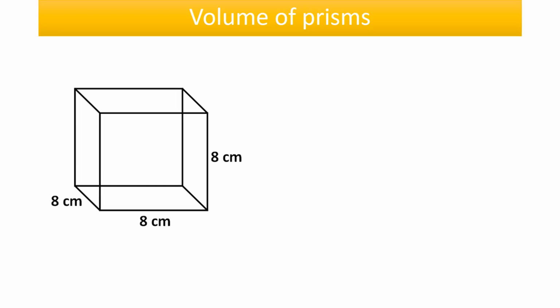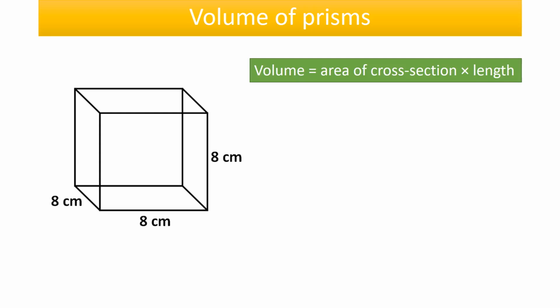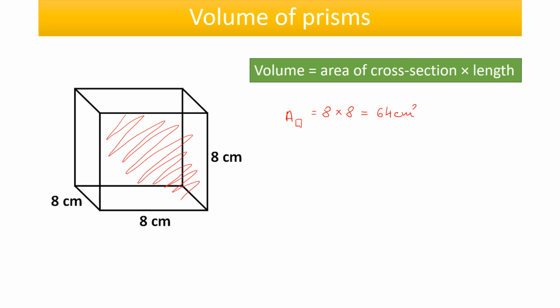We still need to use the same formula, so area of the cross-section times length, and I'm going to use this face here as my cross-section. So to find the area of this square, I need to multiply 8 by 8, which is 64 centimeters squared.